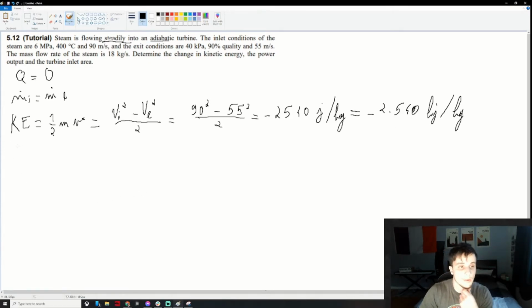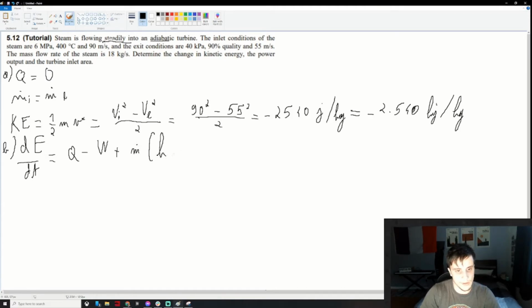Well, actually right now, to find the power output. Let's say this is part A. Part B, power output, just like we did all the time before, first law equation: dE/dt is equal to Q minus W plus m dot, and since we know it's steady already, you can just factor m dot, and have specific enthalpy at the inlet minus specific enthalpy at the exit, plus the kinetic energy term, which is V inlet squared minus V exit squared, divided by 2, so just replace that with what we called KE.